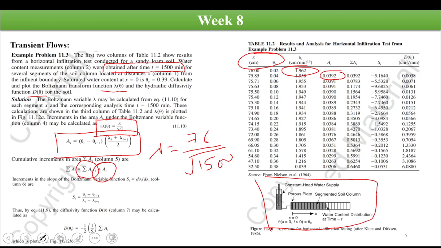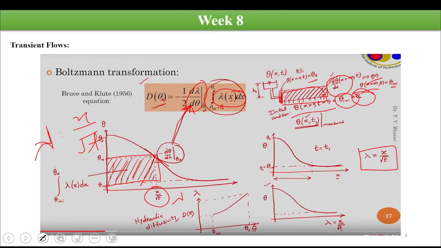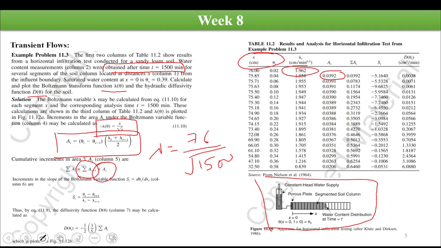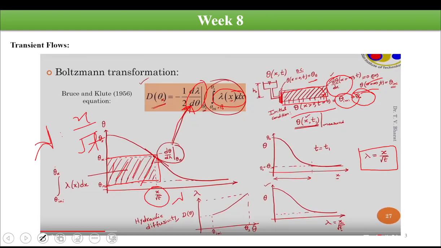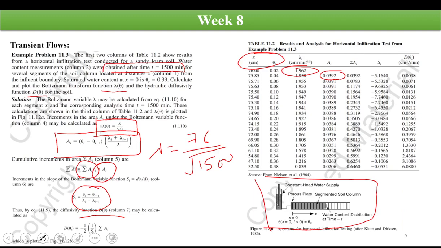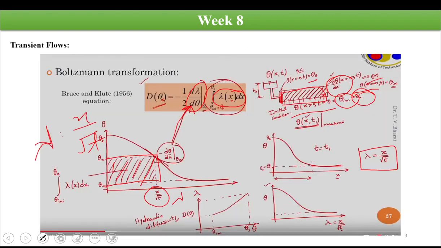Then we need to determine the increment of the slope, d theta upon d lambda. To determine d theta upon d lambda, we will use the formulation theta I minus theta I minus 1 upon lambda I minus lambda I minus 1. Then the diffusivity function, as we know, is going to be 0.5 times d lambda upon d theta, or equal to 1 upon S I, multiplied by the integration.